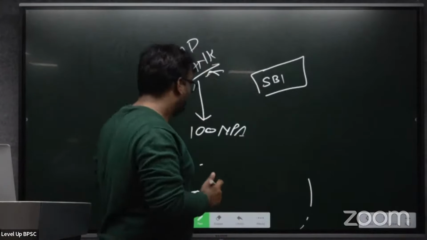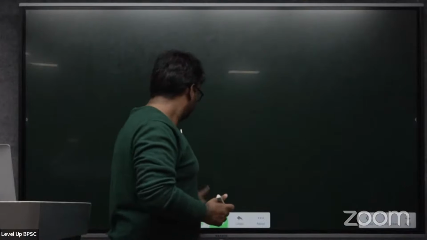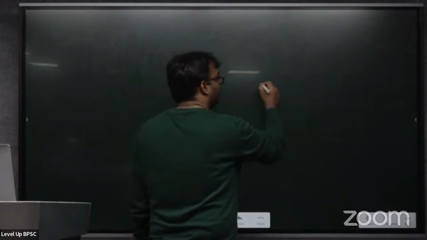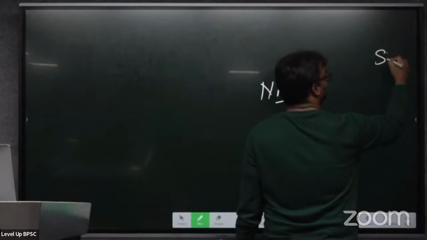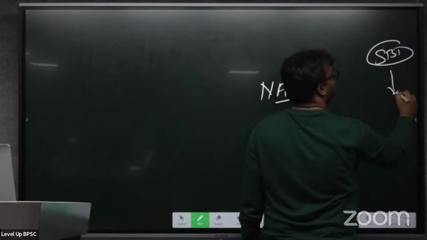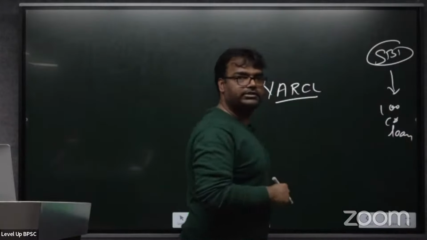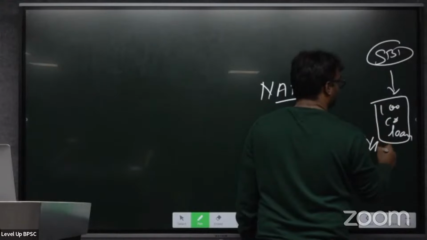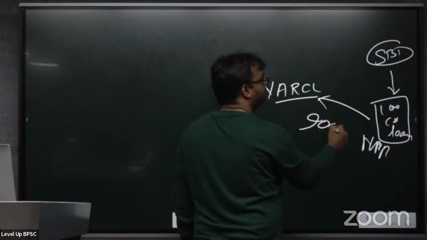So now, here what would happen? SBI had a 100 crore loan which has become an NPA. NARCL offers 90 crores.